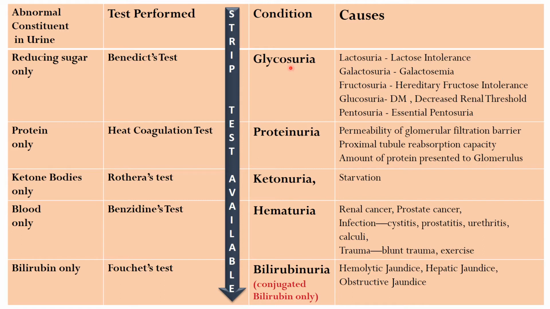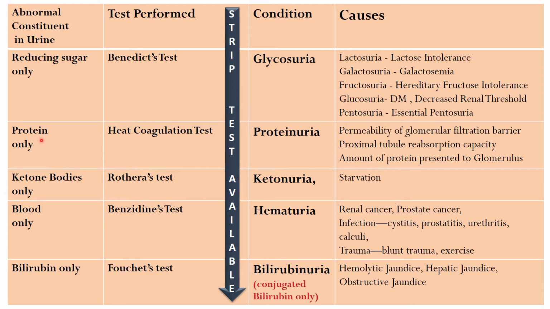So, glycosuria is basically a common term used for the presence of various monosaccharides and disaccharides that are reducing and are excreted in the urine. So, glycosuria doesn't mean that only glucose is present, it may be any of the reducing monosaccharides and disaccharides.